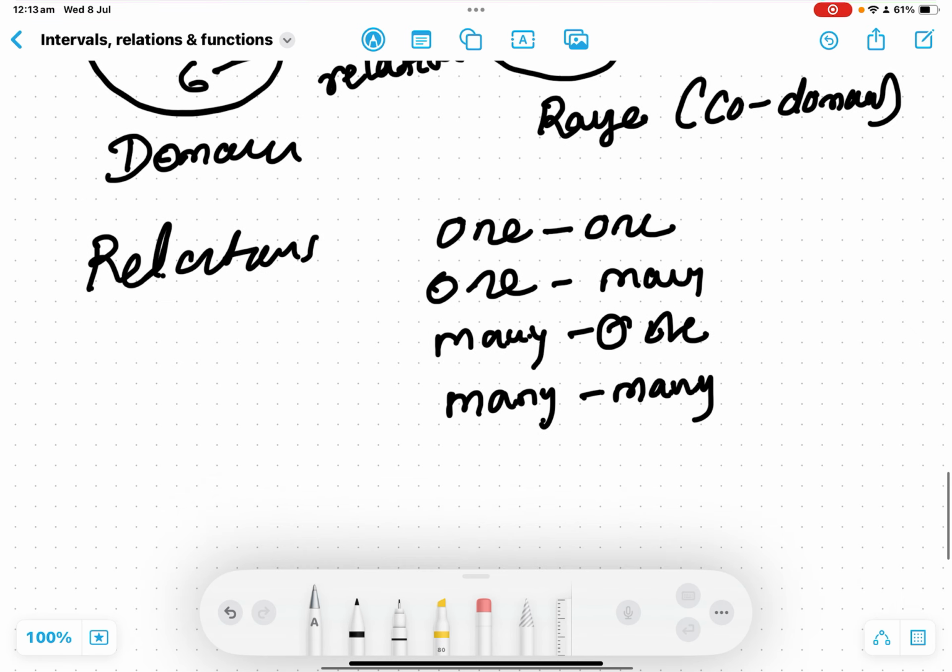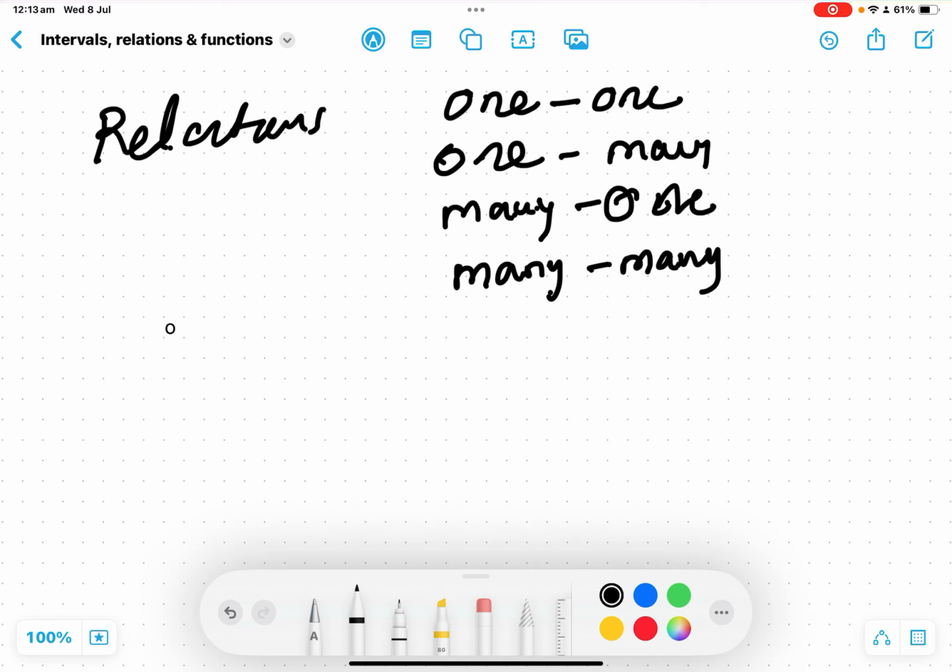One to one. Let's say this is your domain. Domain has elements 1, 2, 3, and it has a codomain or range.